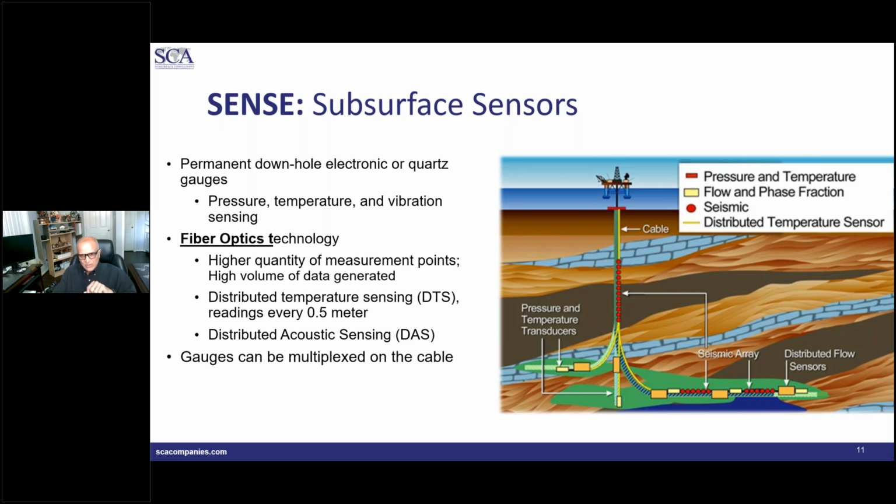Keep in mind, at the end of the day, if we are focused on the health of the well or health of the reservoir, then it is best that we capture some data inside the wellbore closer to the reservoir.